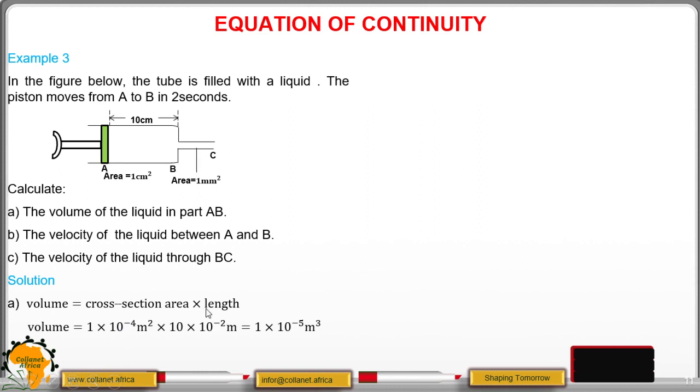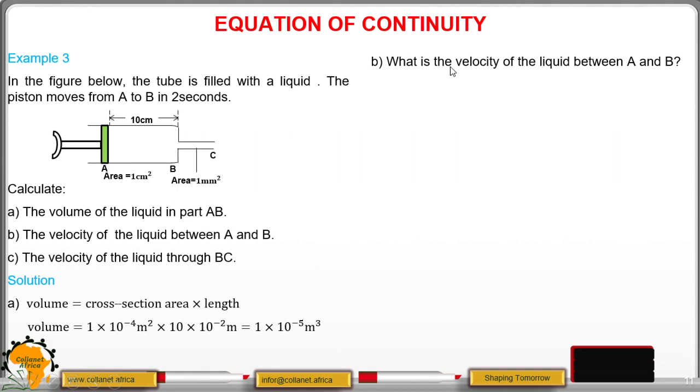Multiply by the length. The length also you are supposed to convert into meters, which you will multiply with this value here, and it will be equal to this. So when you multiply this one and this, you will get this. So it means that the volume of this syringe from here to here is this value.